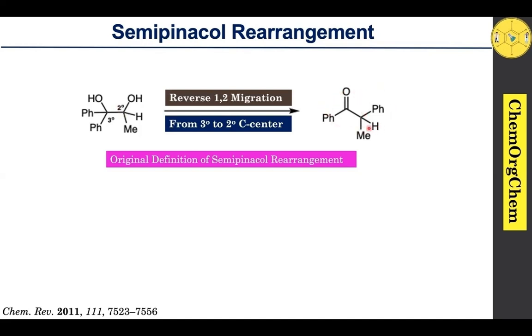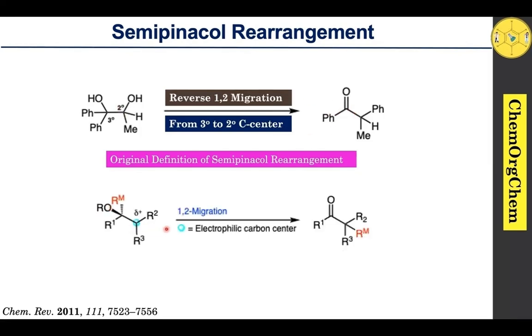compound. Currently there are several variations known in this class of rearrangement, so we collectively call this a semipinacol rearrangement. This is the general description of the semipinacol rearrangement.